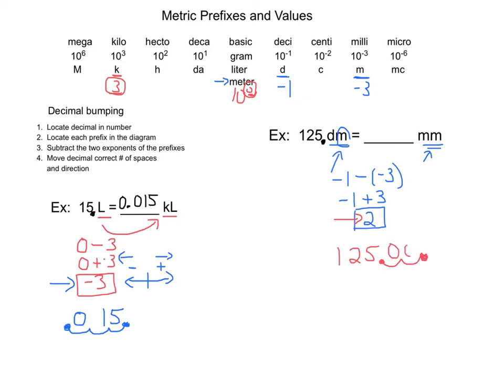I need to put in 2 zeros here. And so the last thing I need to do is put my answer on the number line. So this becomes 12,500 millimeters. So this is how you use decimal bumping in order to make conversions in the metric system.